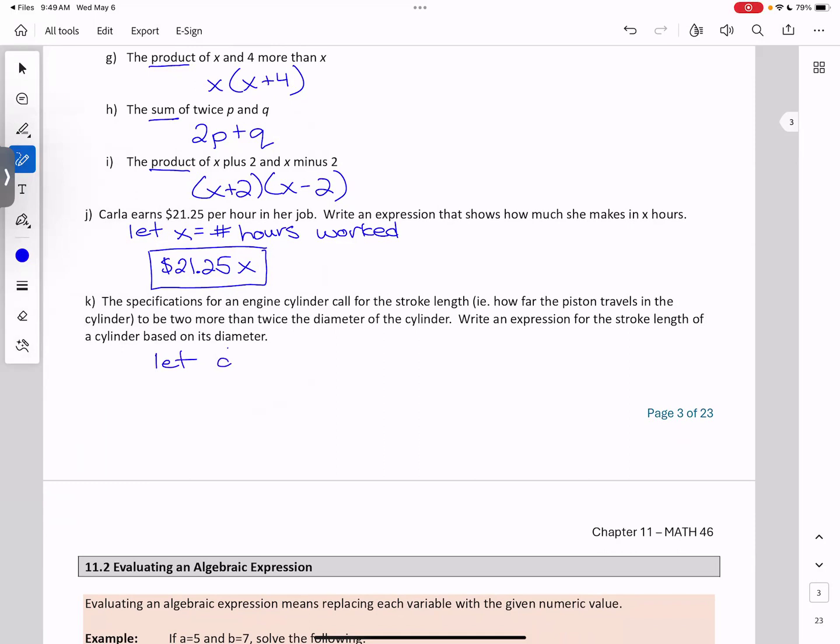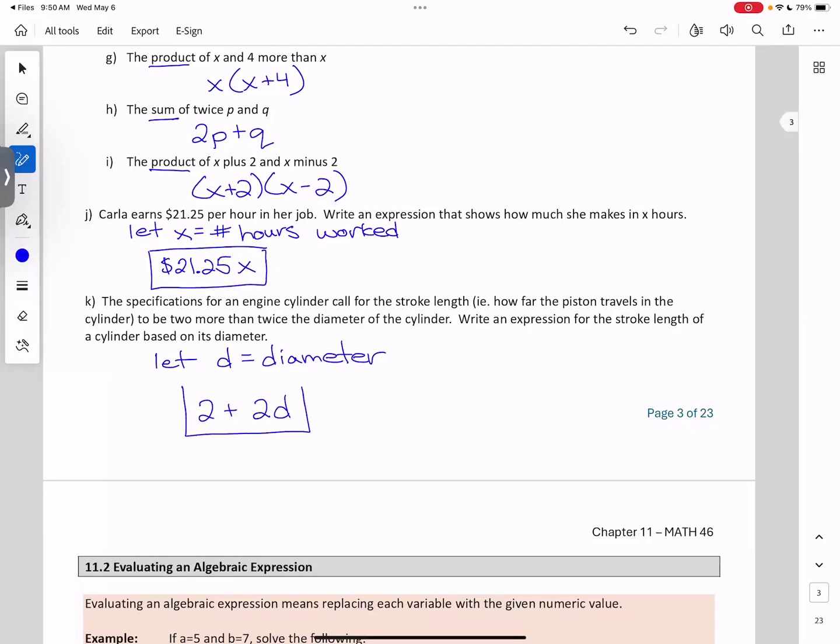So I'm going to make a variable called d, which is the diameter of this cylinder. And I was told that the stroke length is going to be 2 more than twice the diameter. So that's going to be 2 plus whatever 2 times d is.